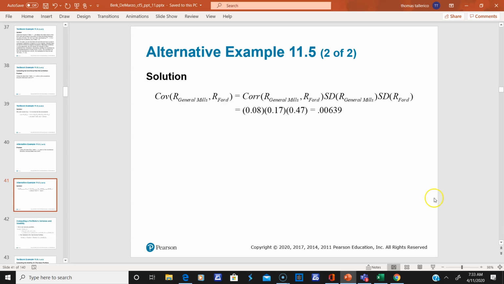So here's another alternative example, and they show you the math.